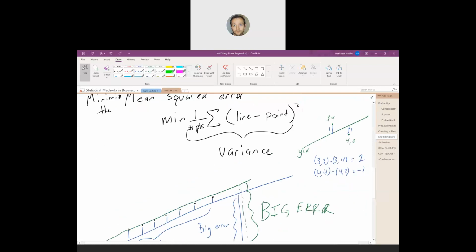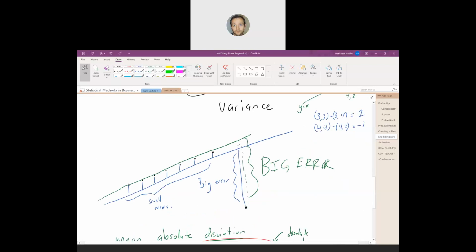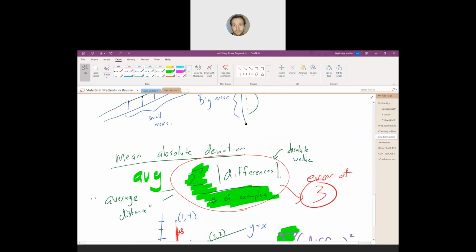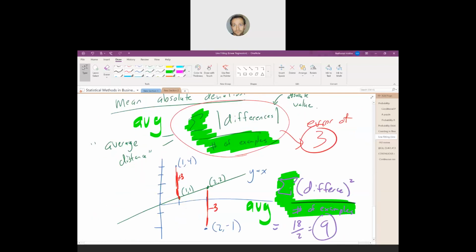Another reason is because you penalize the line even more for being away from the point. Yeah, I talked about that here, where you could also use the absolute value to get rid of negatives.